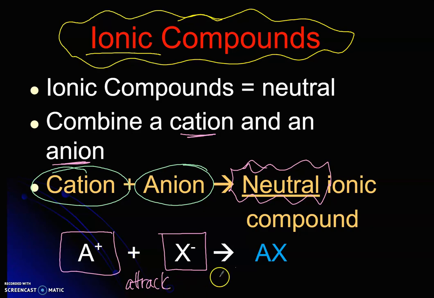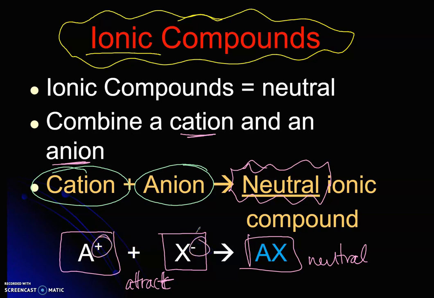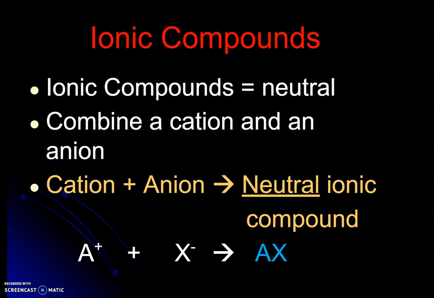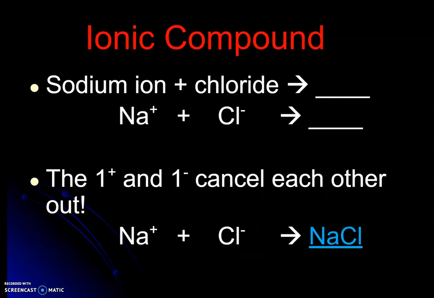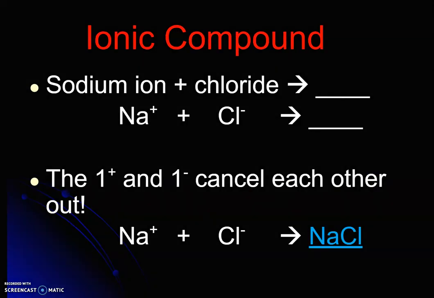And when it attracts, it is going to make a neutral compound. There are no charges here whatsoever. So this is why it was so important to learn your ions and your charges, because they combine in different kinds of ratios.